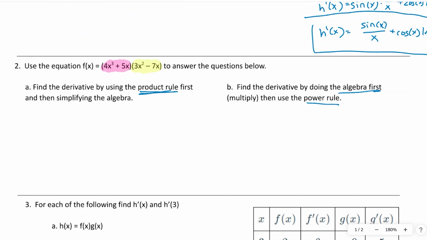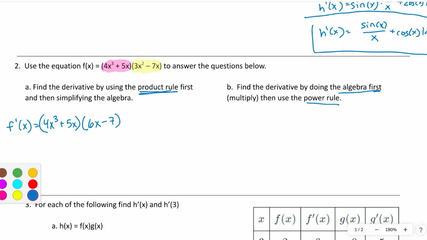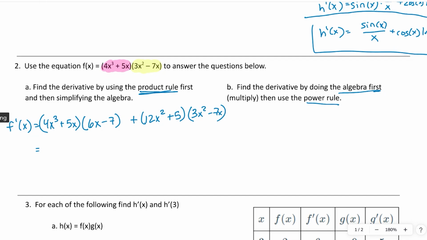So to differentiate this, to find f prime, f prime of x is going to be the first function, 4x cubed plus 5x, times the derivative of the second function, which is 6x minus 7, plus the derivative of the first, which would be 12x squared plus 5, times the second function, 3x squared minus 7x. Ugh. This looks like a great example of why you would want to not use the product rule on a problem like this.